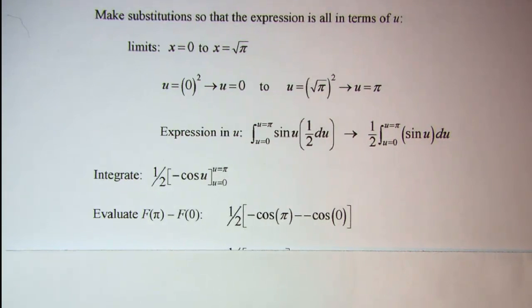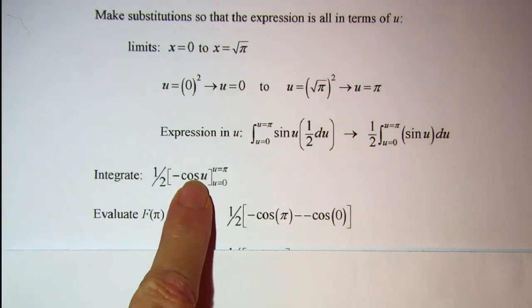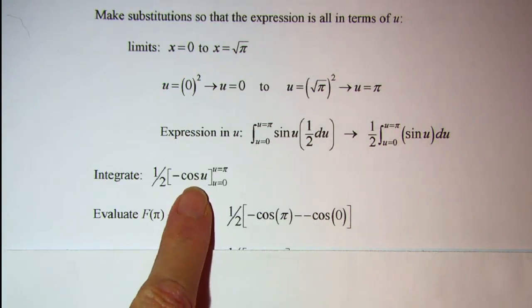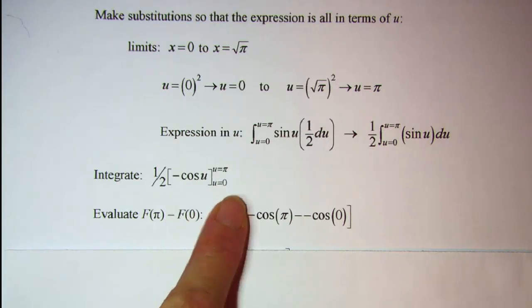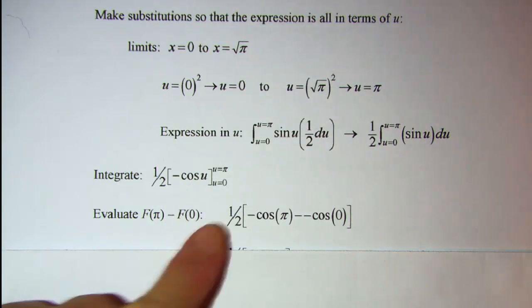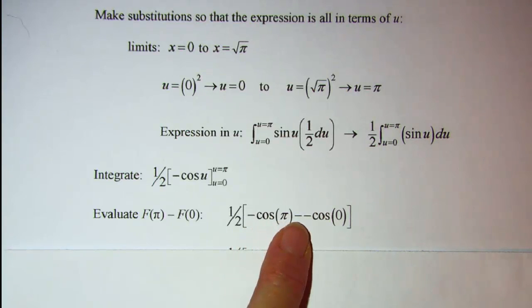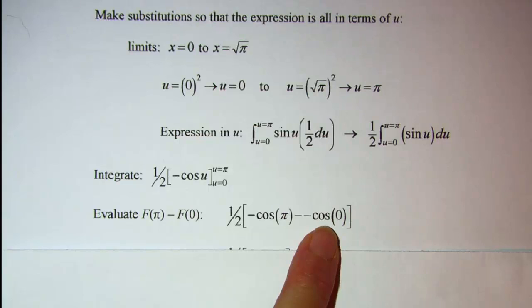So the fundamental theorem of calculus says to evaluate this expression with the upper limit, and then subtract from that the expression with the lower limit subbed in. So we have 1/2 times negative cosine pi minus a negative cosine 0.